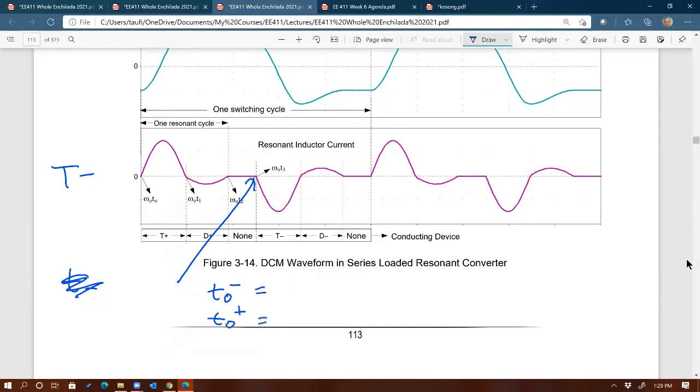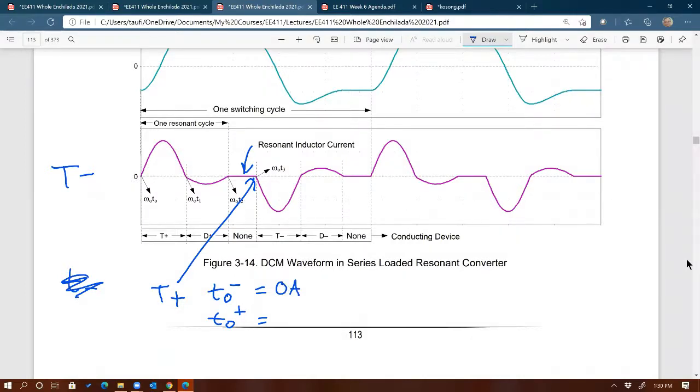What is the current through the switch right before T3? What is the current? 0, because none of the devices is conducting. So I know at T0 minus, before I turn on T3, that's 0 amps.